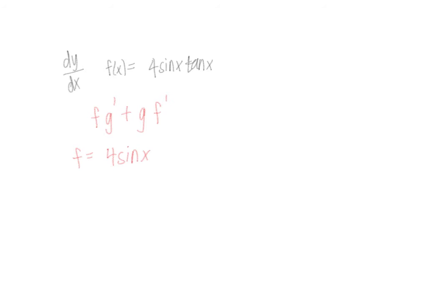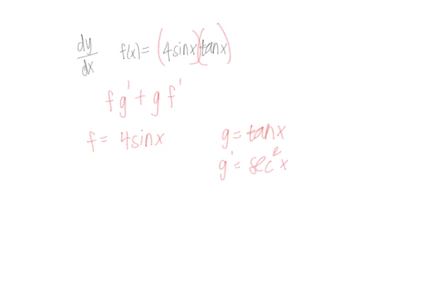I just left that constant of 4 with the sine x. The second function is tangent. The derivative of tangent is secant squared. The derivative of 4 sine of x, I'm going to leave that constant of 4, and the derivative of the sine of x is cosine of x.